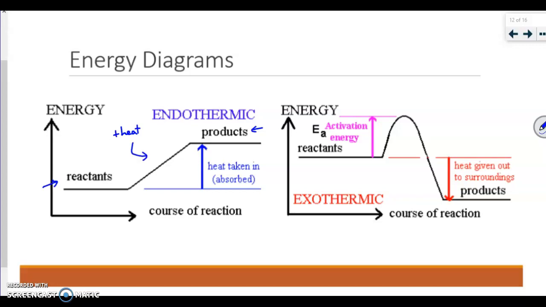And for exothermic reactions, your reactants are higher than your products, so there's extra energy that gets released. Basically, these are visual representations of endo and exothermic reactions. We will continue the PowerPoint in our next video.